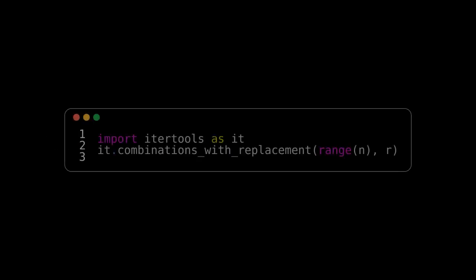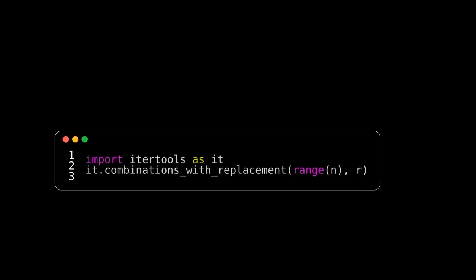That's combinations. Now let's look at combinations with replacement. Okay. There's the Itertools function. Here's our dots.